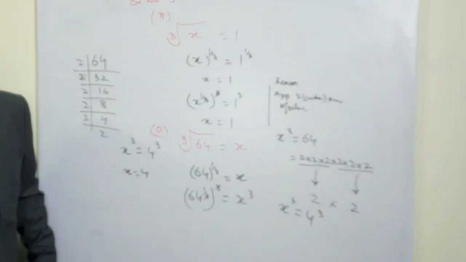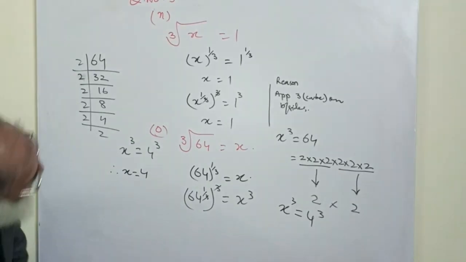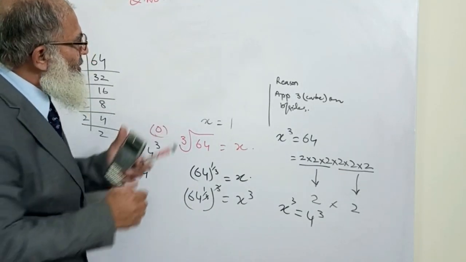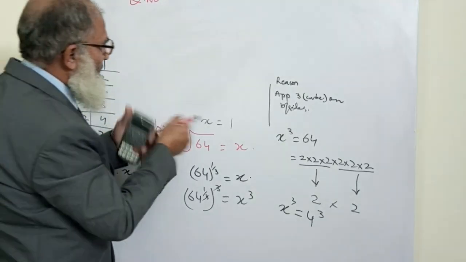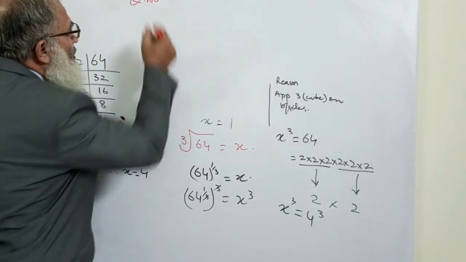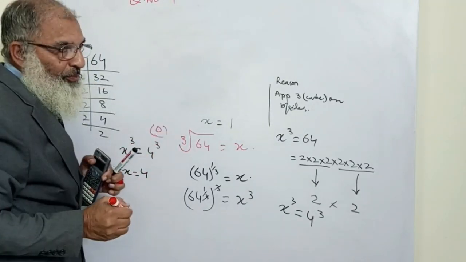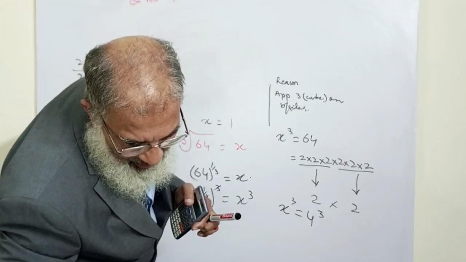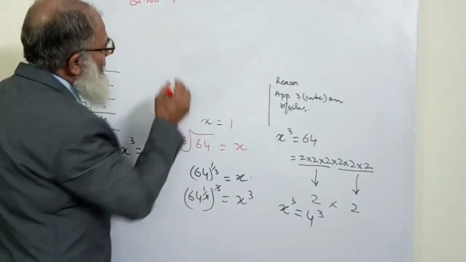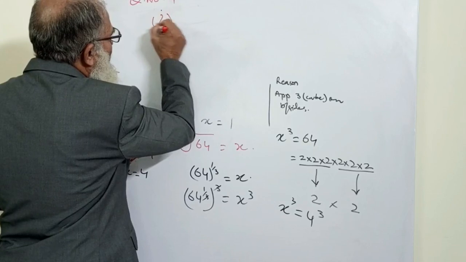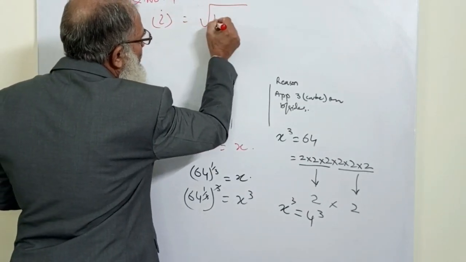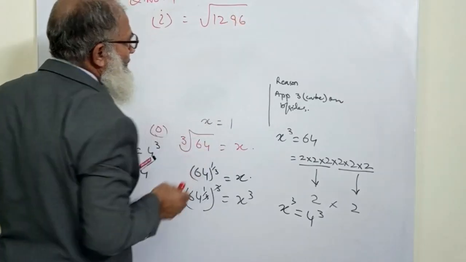Question number 4, and I am going to take part I. I am given access to this calculator now. Because this is quite a big number, part I is equal to the root of 1296.